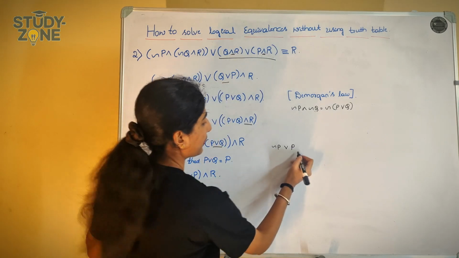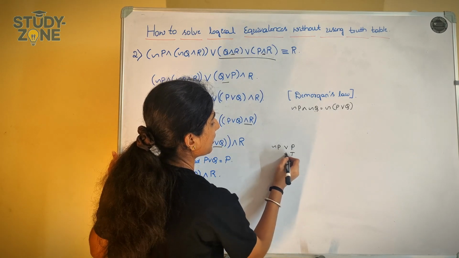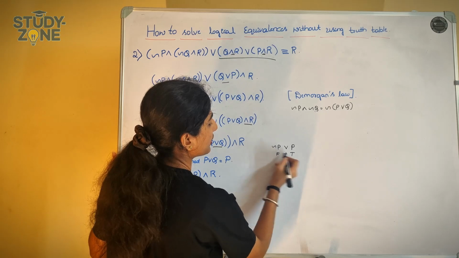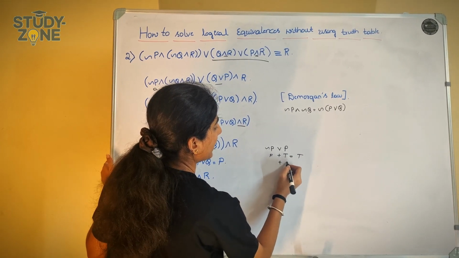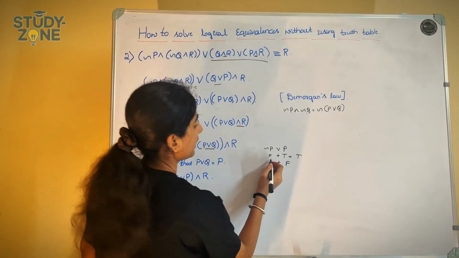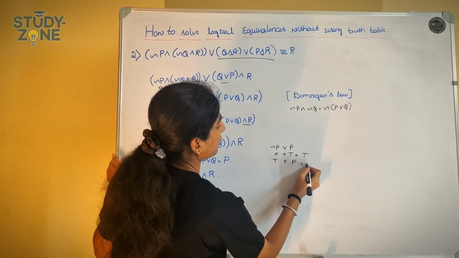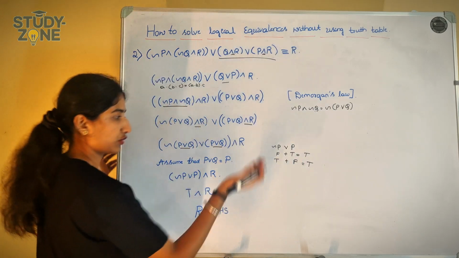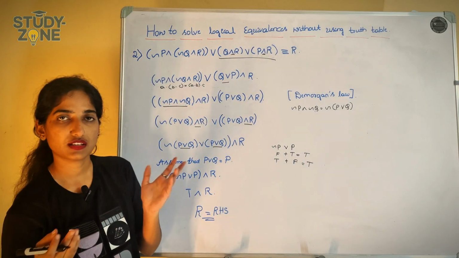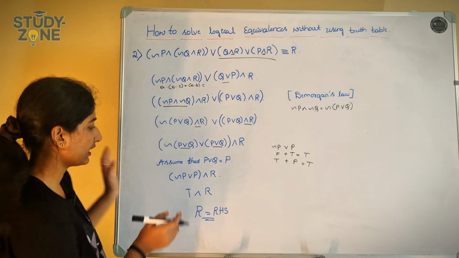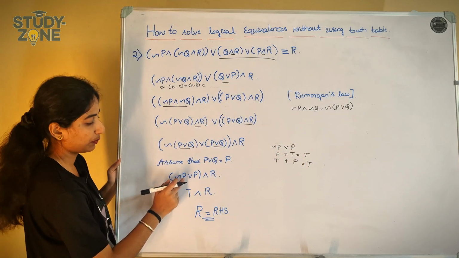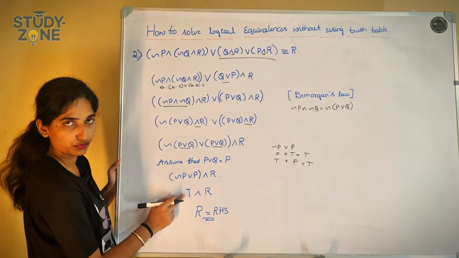If we take P as true, which means not P will be false, the answer is true. Correct. If we consider P as false, then not P will be true, so the answer will be true. So whether we take negation P as true or false, the result will be true. So we can substitute in the place of not P or P, true.